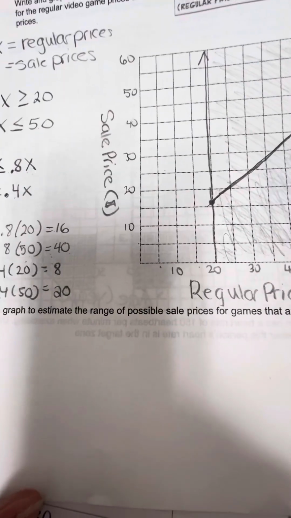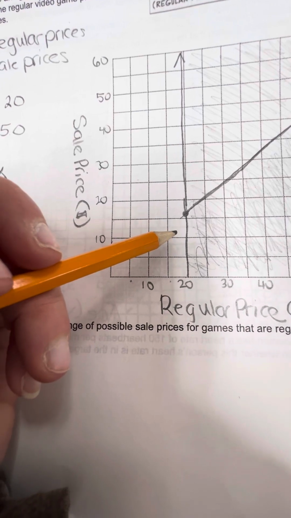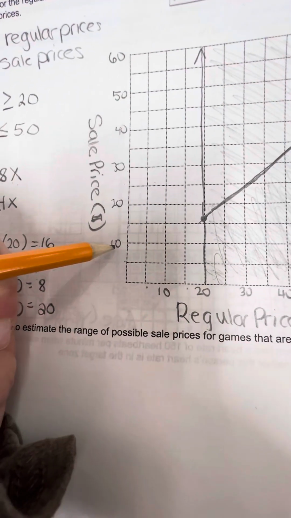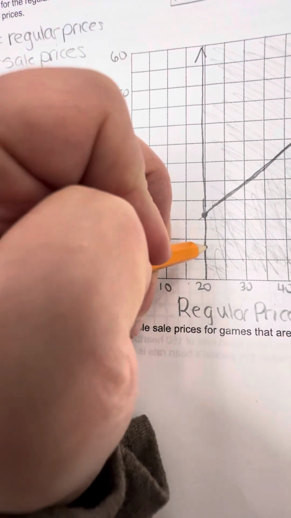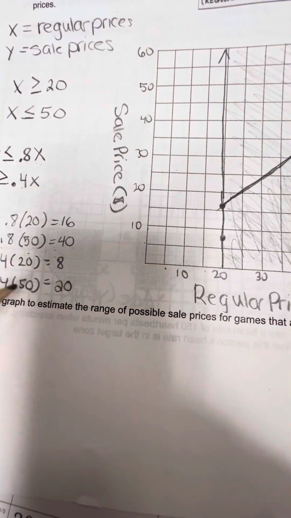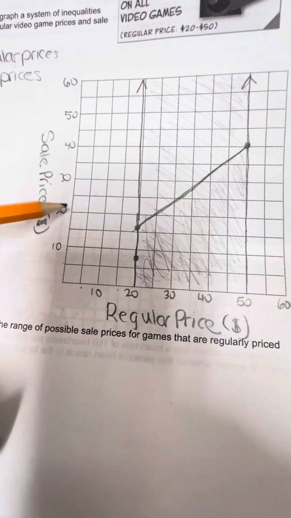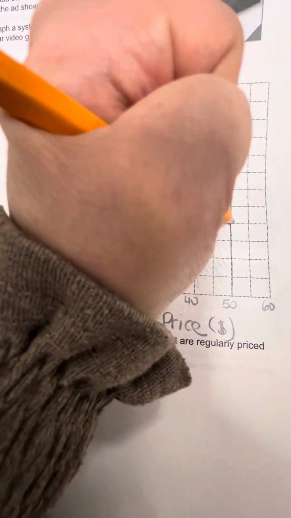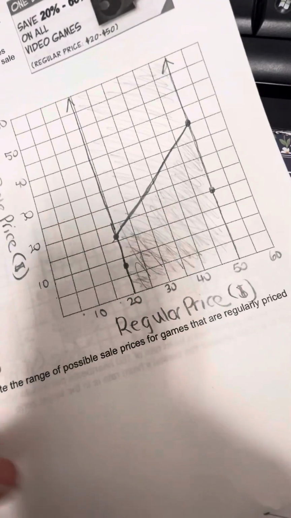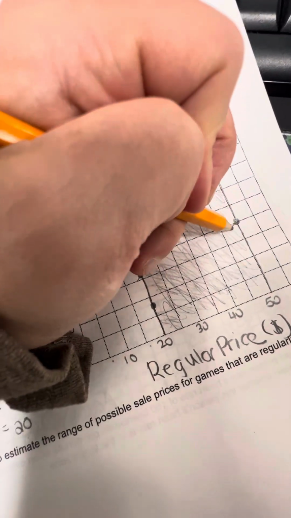So when I graph these, the $20 game being $8, and this is 10 right here, the $20 game is now 8, so it's about down here. And then our $50 game is now $20, so I'm going to go to 20 and 50 and put that. I'm going to connect these two points.